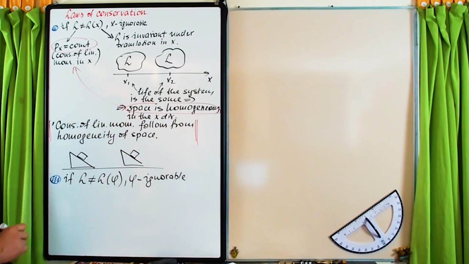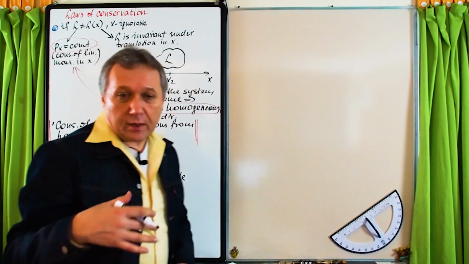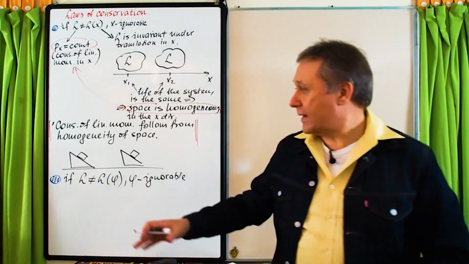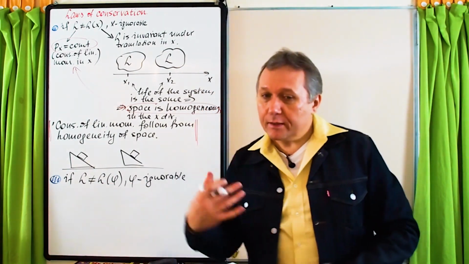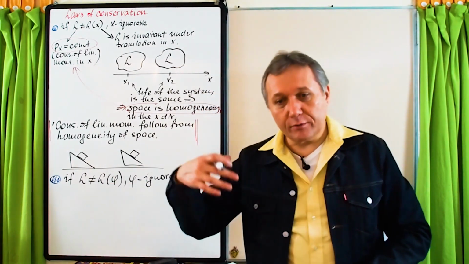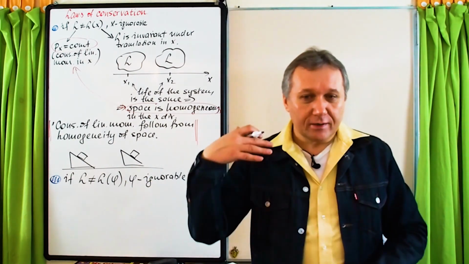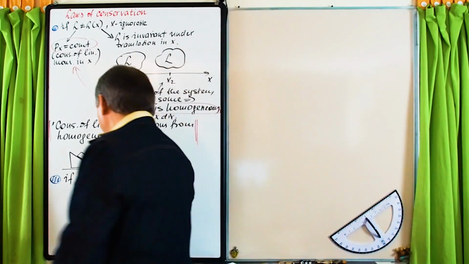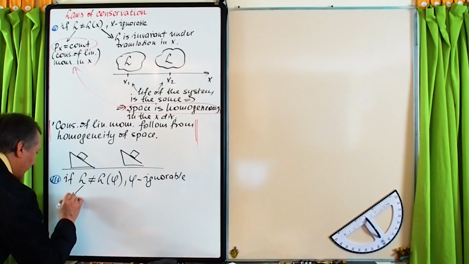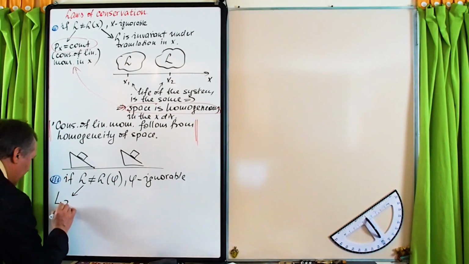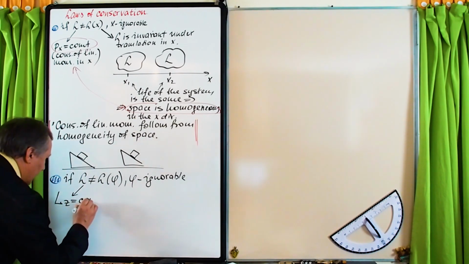In this case, we know from the Lagrange equation that this fact leads to conservation of generalized momentum. But in this case, it's a conservation of angular momentum, right? So L_z equals constant.